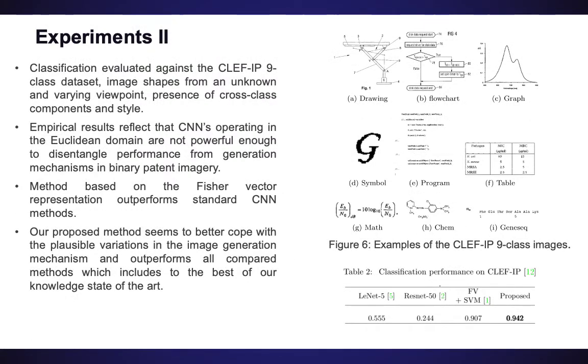The last experiment is performed on a classification test evaluated on the CLEF-IP 9-class dataset, which includes images from varying viewpoints. It also has images that contain the presence of cross-class components and style, and all these are at the discretion of the patent artist to highlight specific aspects of the inventions.